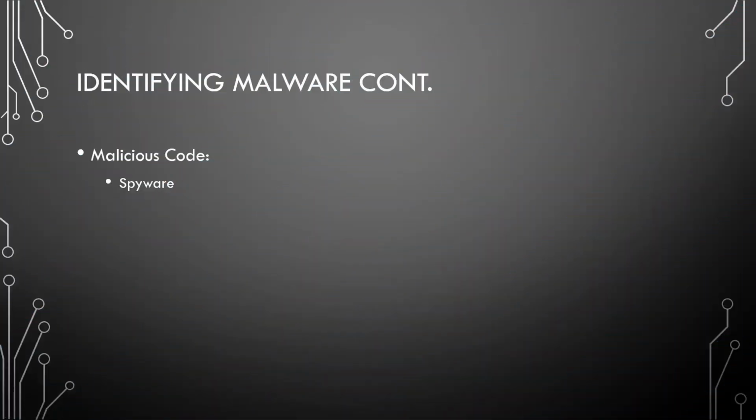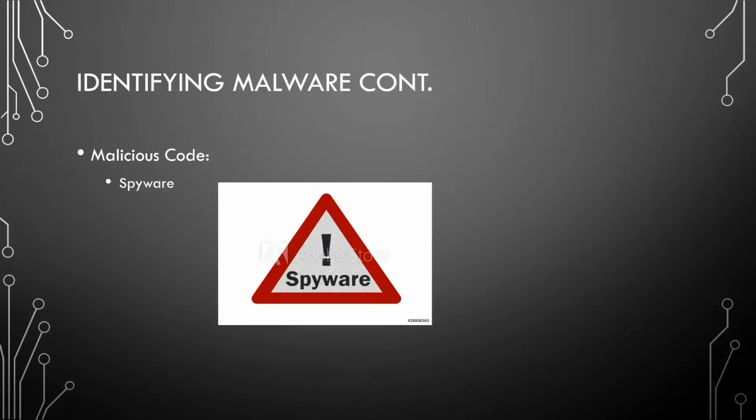We wanted to discuss a different type of malware or malicious code. We wanted to discuss spyware, which is an invasion of privacy, and it's often bundled with a Trojan, as we discussed in the prior video. Now, in the case of spyware, it will collect what's termed PII.